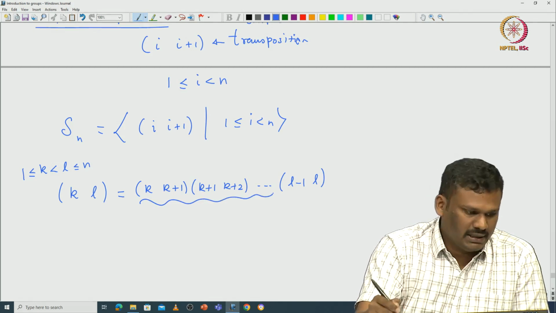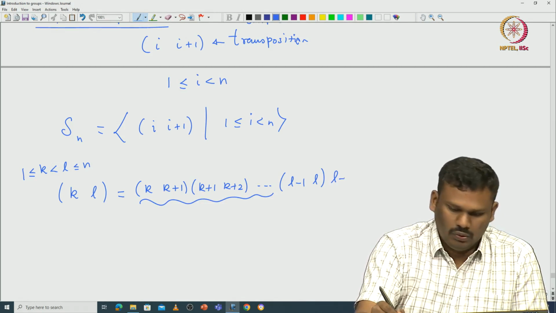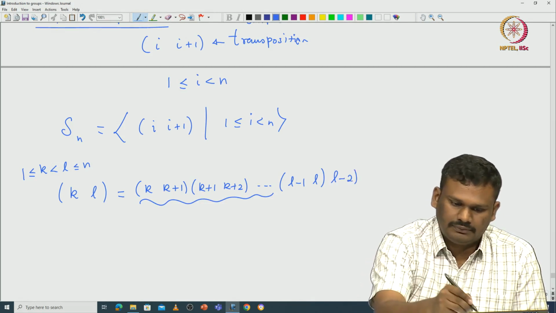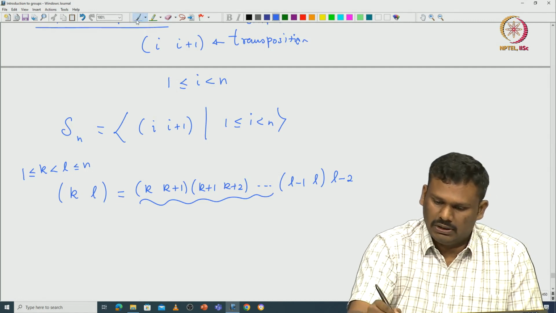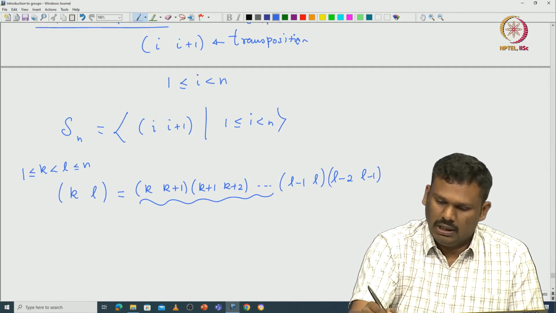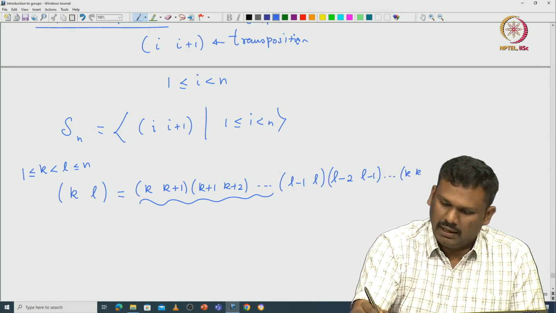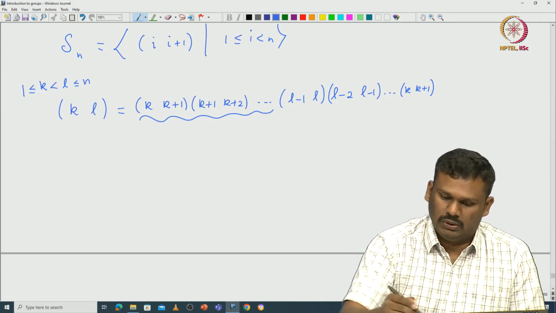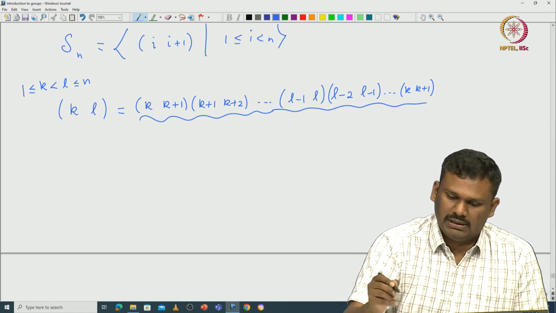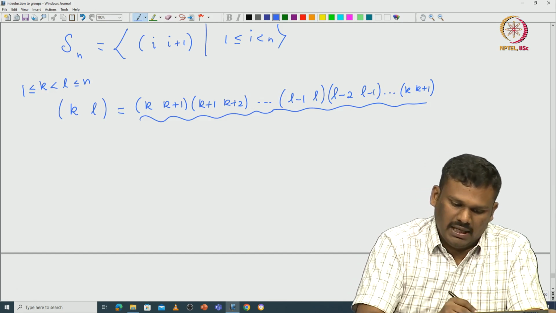That is exactly equal to (l-2 l-1) and then the product up to (k k+1). If you take all these products, you can see that this is going to be exactly equal to (k l).